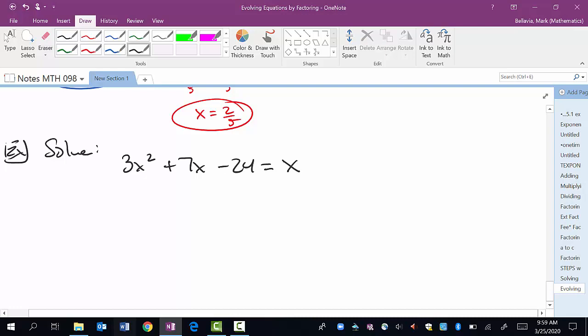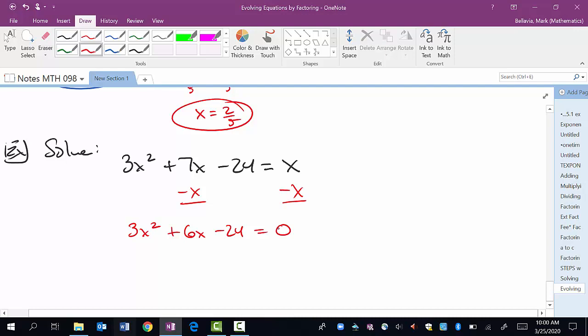So again, first thing you want to do, get one side equal to 0. So I need to move this x term over to the other side. Let's subtract x. Subtract x. End up with 3x squared, positive 7x minus x is positive 6x, minus 24 equals 0.